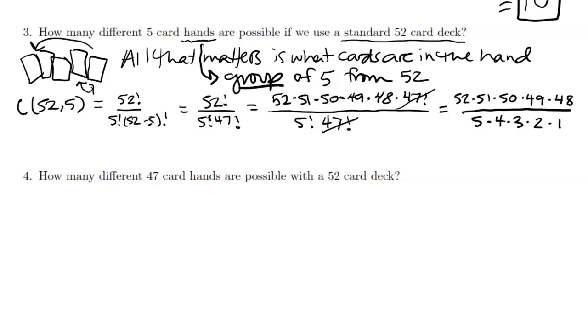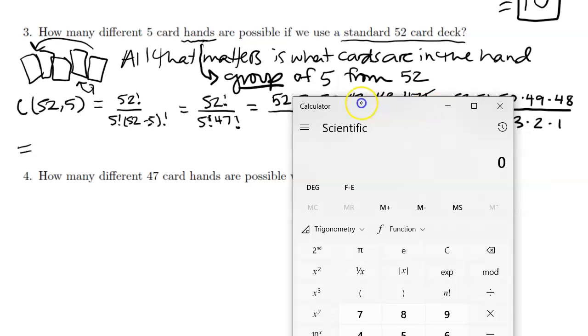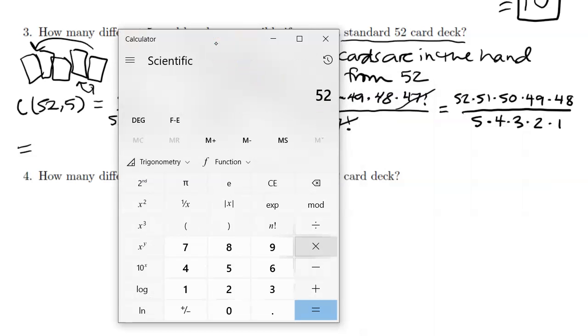So what we need to do now is those two different multiplications. So let's grab our calculator here. So we need 52 times 51 times 50 times 49 times 48. Nice big number here.